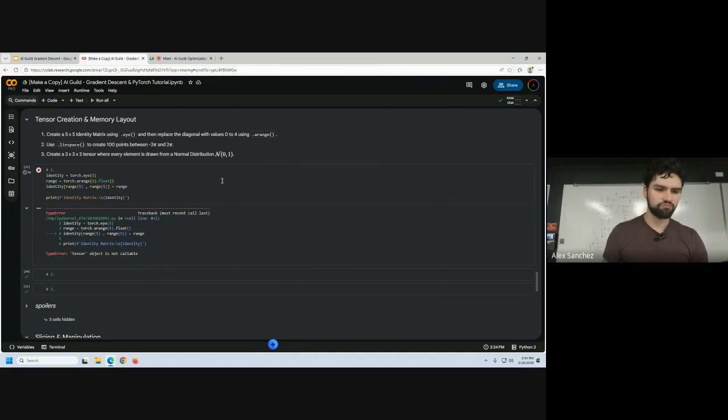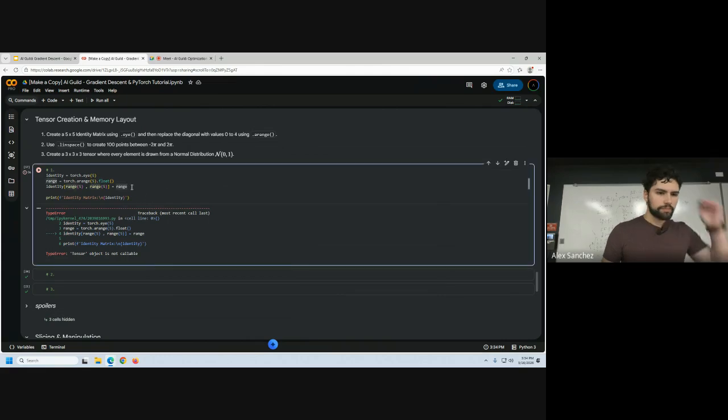What are you trying to do on that line? It says identity range 5. Are you trying to parse the tensor? I'm trying to, we have a range, in this case 0, 1, 2, and I want to place this across the diagonal, so the resulting matrix would have the arange across the diagonal.